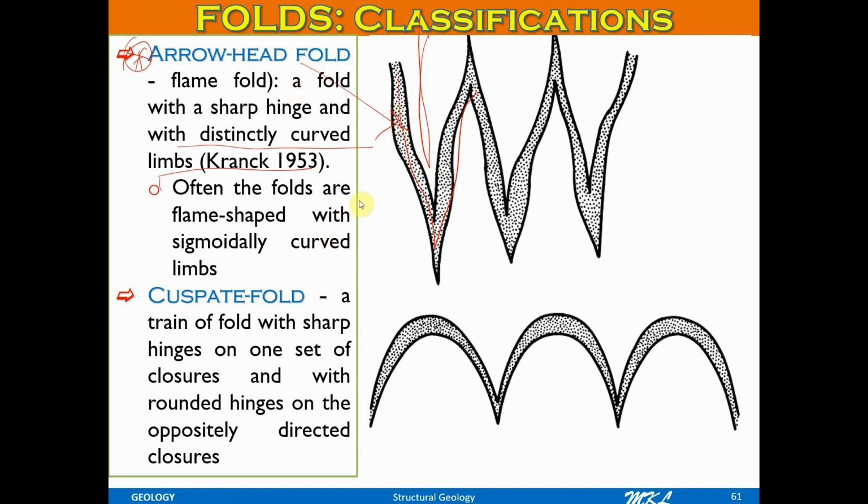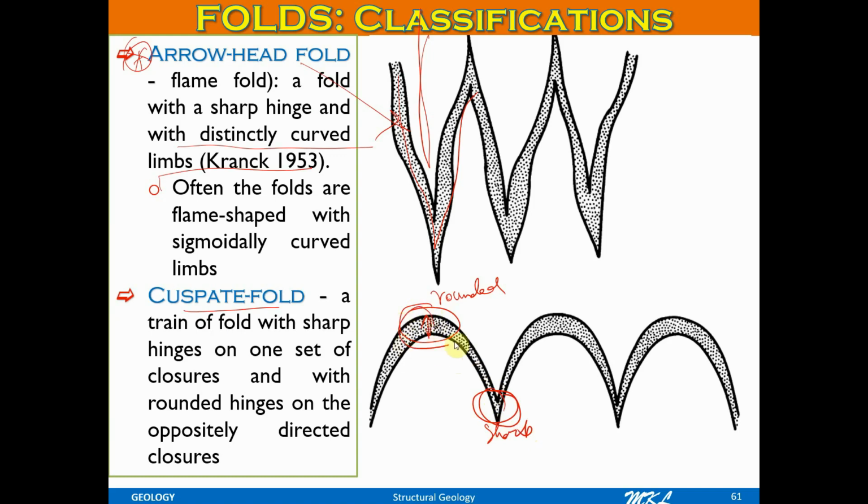There is another type of fold, that's called the cascade fold. It's a train of folds with sharp hinges on one set of closures and with rounded hinges. So your hinge will be rounded, and this will be thicker compared to the limbs. And another thing will happen, the fold with a sharp hinge on one set of closure and with rounded hinge on the opposite directed closures. So at this point, if you consider the syncline point, you will have the sharp one.